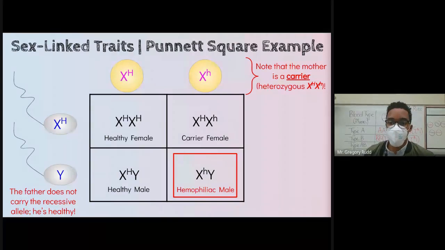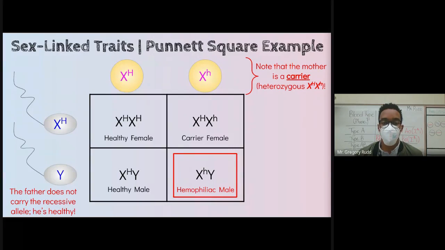So when we take a look at the results of this Punnett Square, what information do we know? What's the percent chance that these two people have a child who does not have hemophilia?